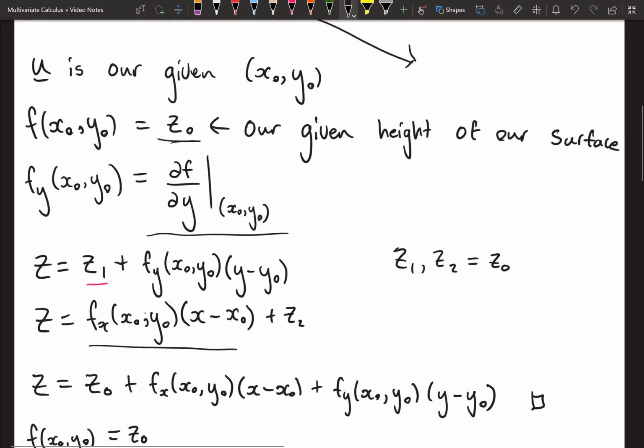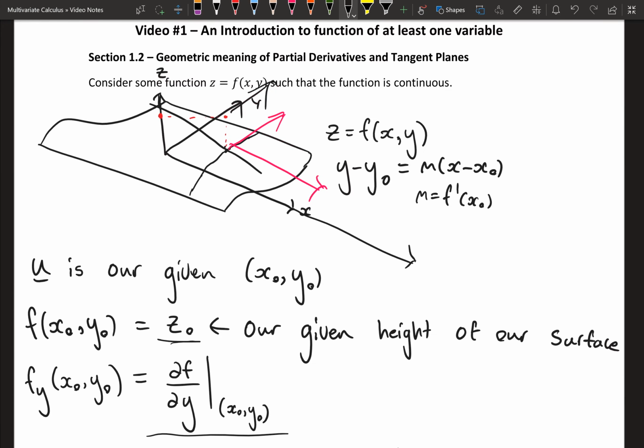Just trying to think of it geometrically. So a change in the y, which would be f_y(x naught, y naught), and f_x(x naught, y naught) for this direction. And because we're only in the x direction, that defines our vector as (1, 0, f_x(x naught, y naught)), because that is describing our change of z, or f in this case.